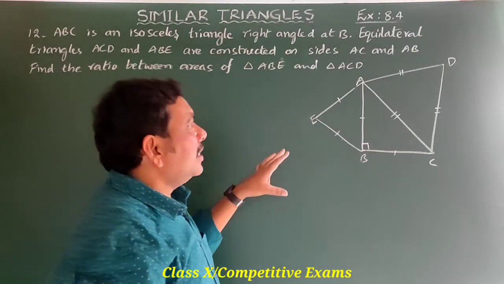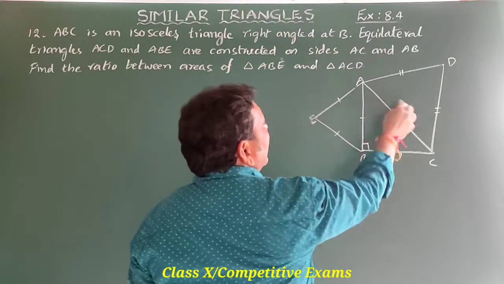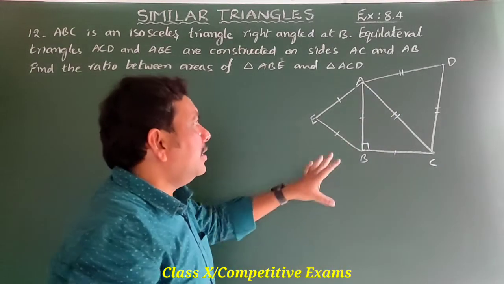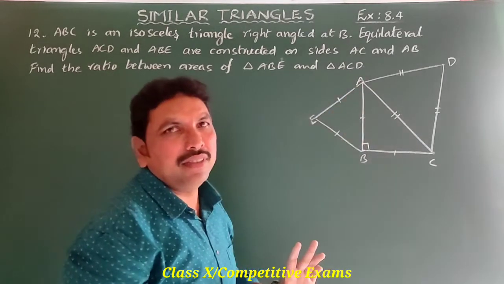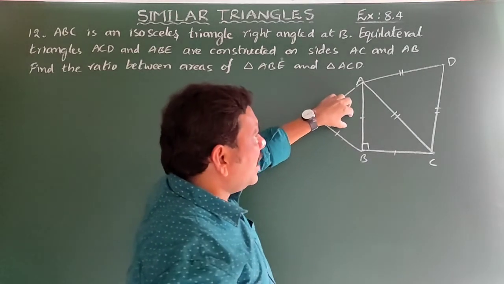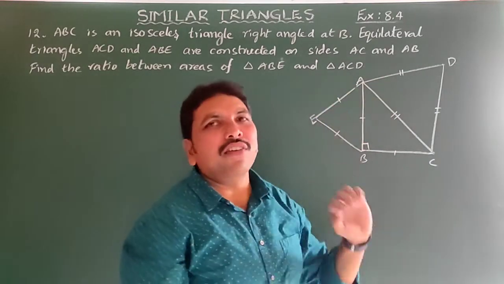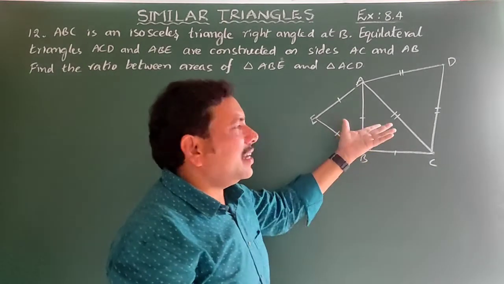Next, on the sides AB and AC, two equilateral triangles have been constructed, those are ABE and ACD. What we have to find is the ratio of the areas of these two equilateral triangles. Right? Yes. Let us find.